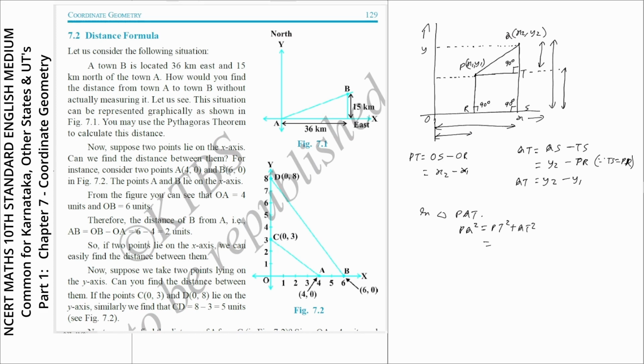PT we just derived, it is x2 minus x1, the whole square, plus QT, which I found is y2 minus y1, the whole square. Or PQ is equal to the square root of (x2 minus x1) the whole square plus (y2 minus y1) the whole square. This formula is called the distance formula.